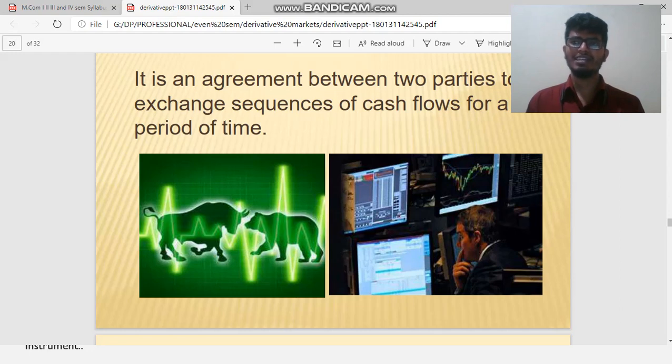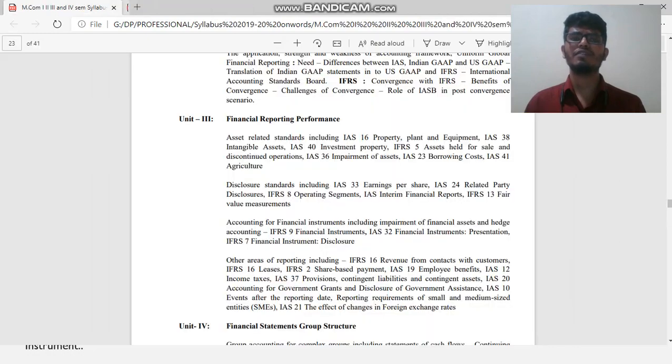Likewise, even for currencies, exchanging currencies, dollars to Indian rupees. An interest rate swap is related to the interest of bonds and debentures. An exchange rate swap, or currency swap, is the exchange of currencies. So these are the four types of derivatives. Fine.